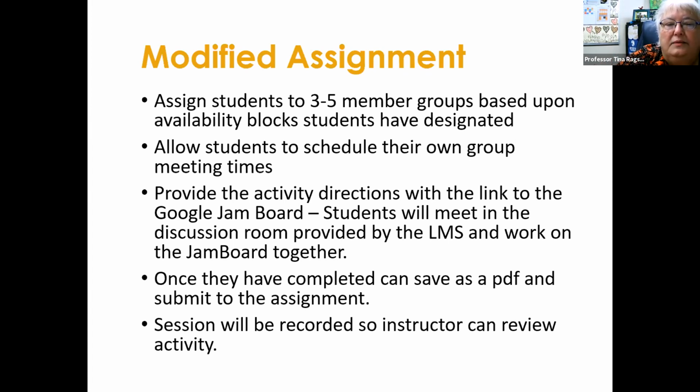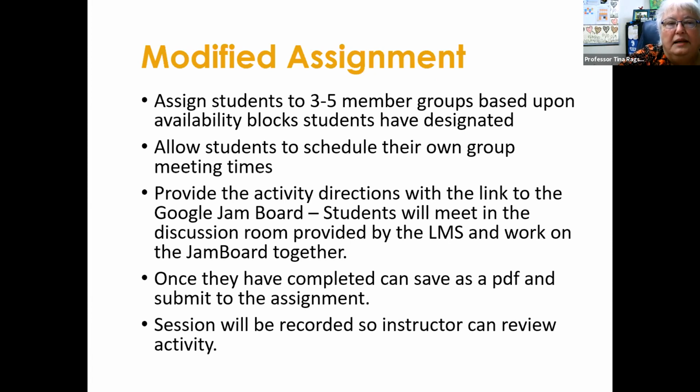Then they can go into, we have Teams available, and we have Blackboard Collaborate too. But we'll work together and we'll do some of these. They can do the first one with me, and they'll go in their group and they'll do whatever activity I give them.